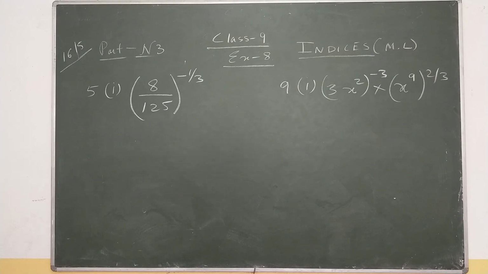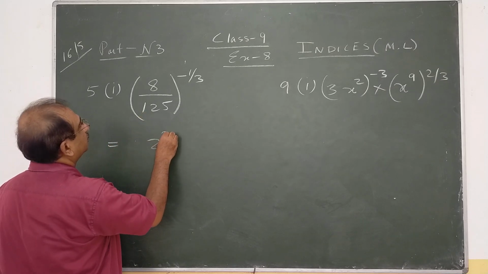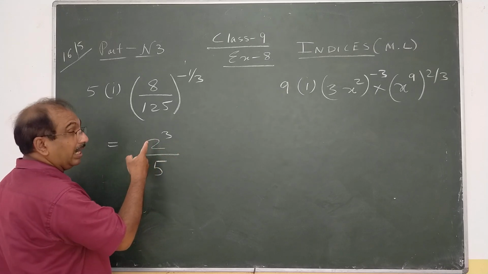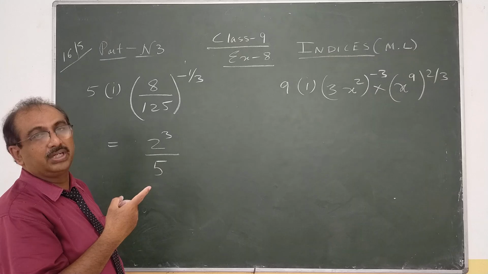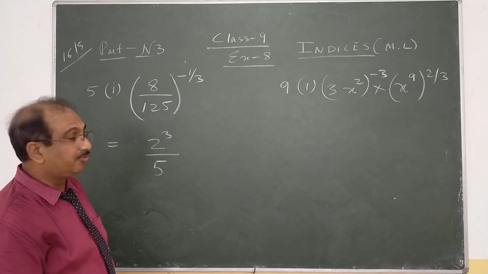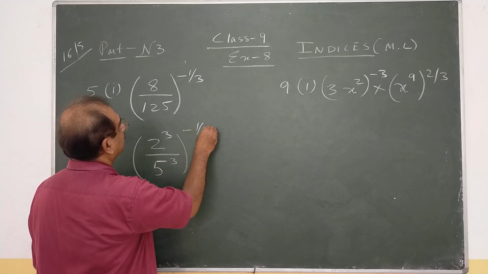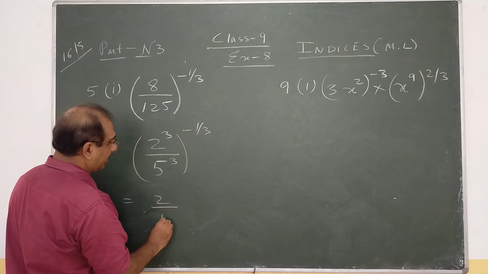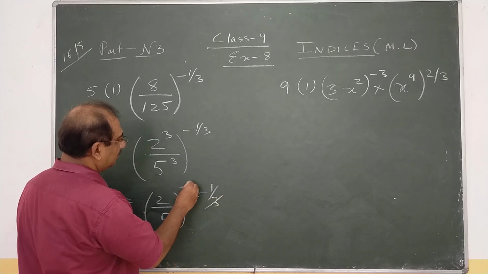To solve 5 part 1. So here, children, as I told you, this is 2 to the power 3. Same for 5 we have to learn. 5 to the power 1 is 5. 5 to the power 2 is 25. 5 to the power 3 is 125. 5 to the power 4 is 625. So we do like this. Then we can take out 3 common and this will cancel.